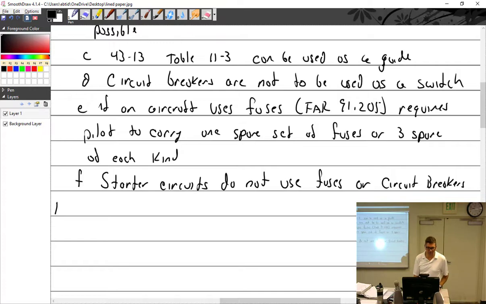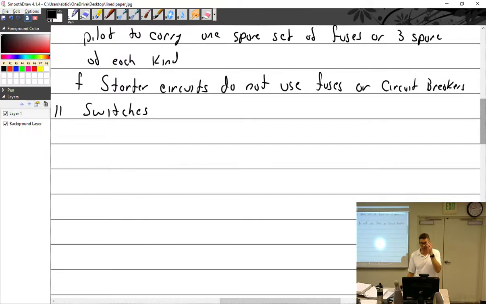Switches. So we know how to select wire. You know how to select a circuit breaker. But you got to be able to select a switch. It's more than just double pole, double throw, single pole, single throw. You got to have one that's rated for what you want it to do.